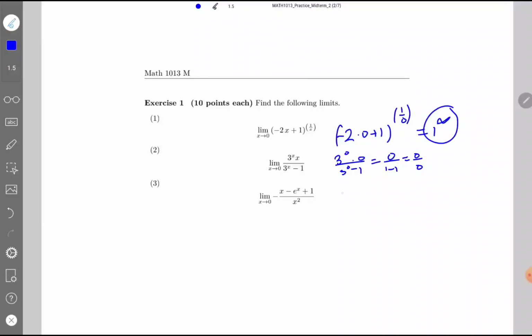And then finally, here we get minus 0 minus e to the 0 plus 1, and then 0 squared, so we get minus 1 plus 1 over 0, which is just 0 over 0. So in these two, we can use L'Hopital.